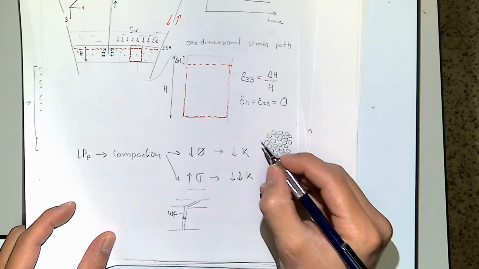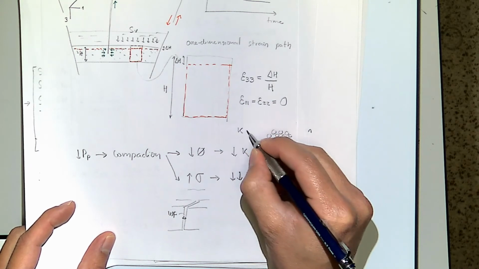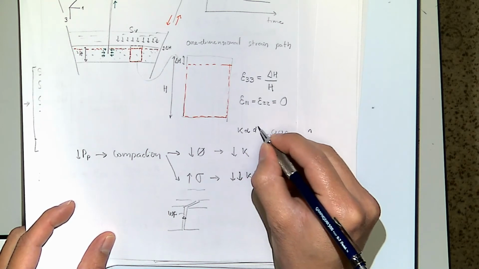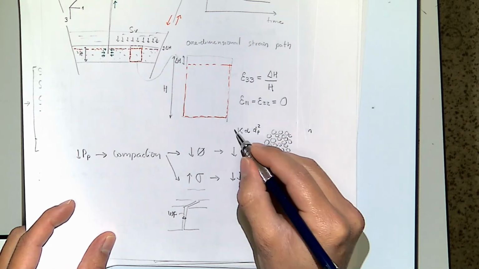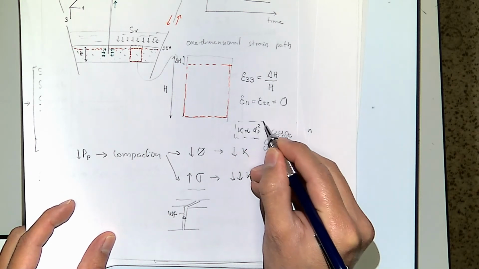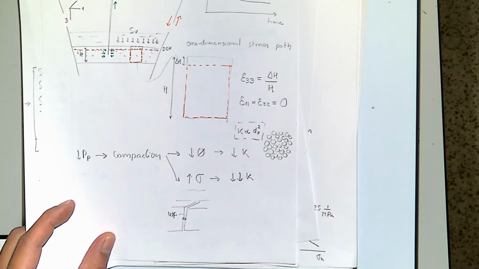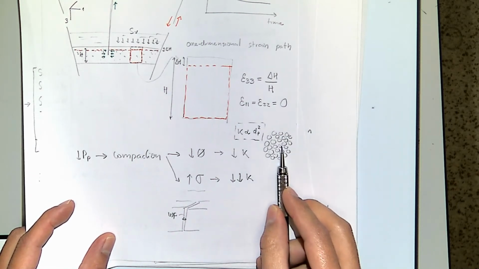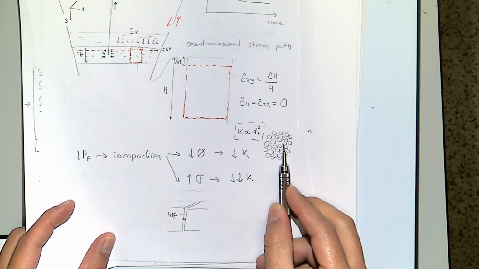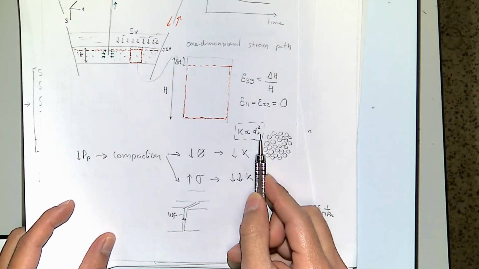Well, I can tell you the answer. Permeability is proportional to the square of the pore size. This is what is called the Kozeny-Carman equation. So if your pore size decreases, your permeability is going to decrease with the square of that pore size.